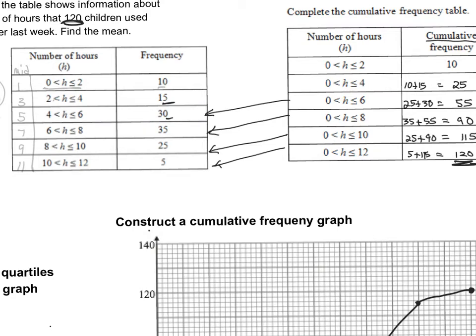Since our cumulative frequency graph is an estimate anyways, because remember, we're taking the midpoints of these, we're just going to take the halfway point of 120. So in this case, if you look here, that would be the 60th piece of data. Our median is at 60.